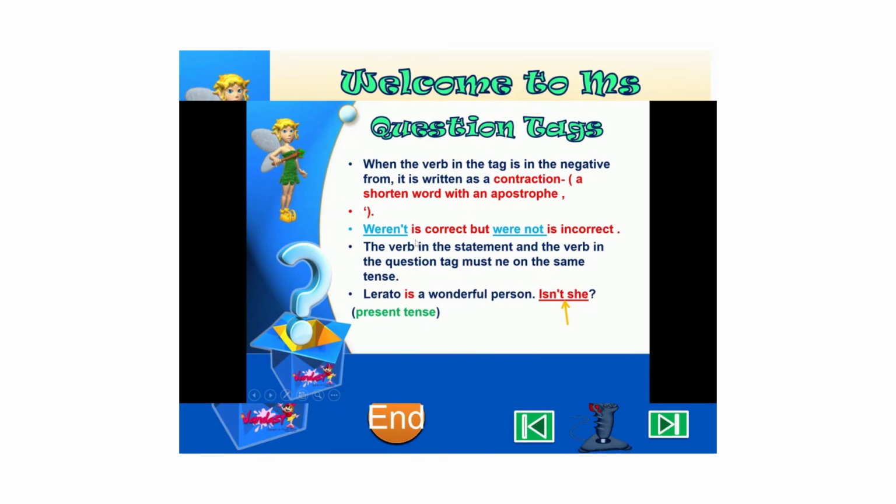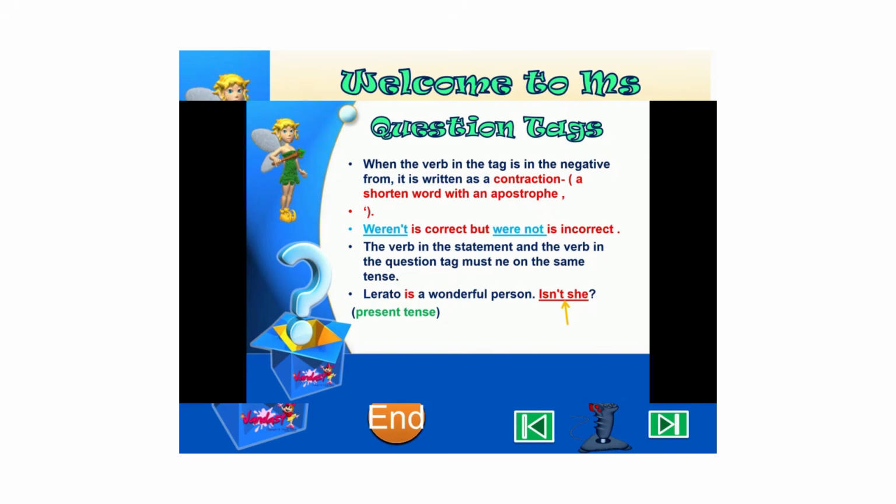Now, when the tag is in a negative, it is written in the form of a contraction, like I've said. For those of you who do not know, a contraction is a shortened word with the use of an apostrophe mark. For example, if I don't want to say do not, I say don't. If I don't want to say cannot, I say can't.